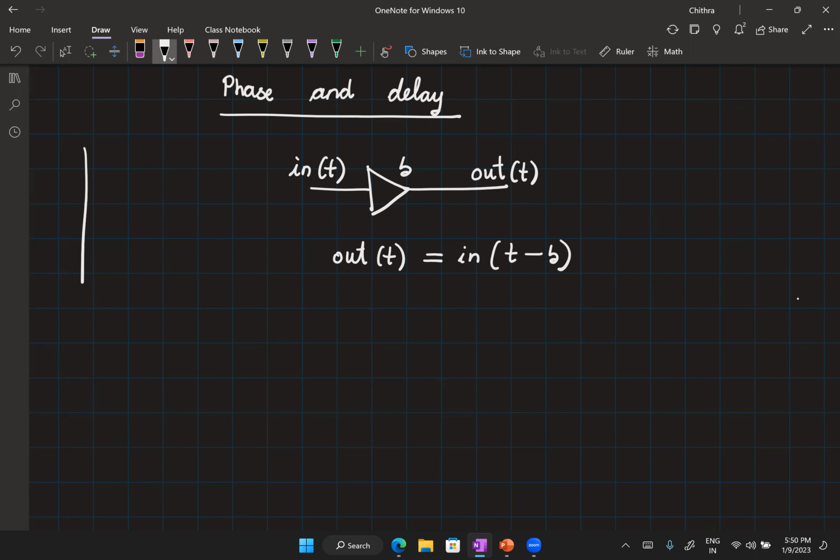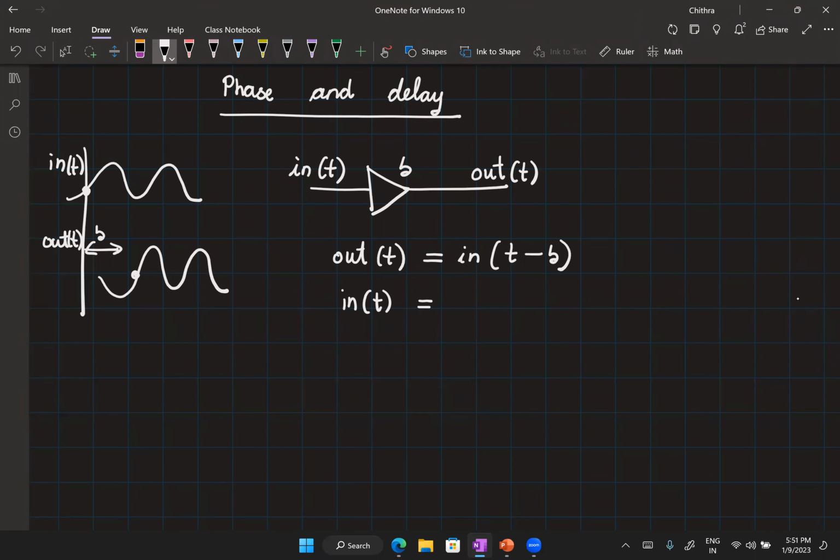Okay. So now if I have in of t as some sine wave, my out of t is going to be a sine wave that is delayed by some delta. So this point is going to be delayed by a delta, right? So let me write the expression for in of t. Let's say this is some sine omega naught t. So can you write out of t and tell me the expression for the phase offset?